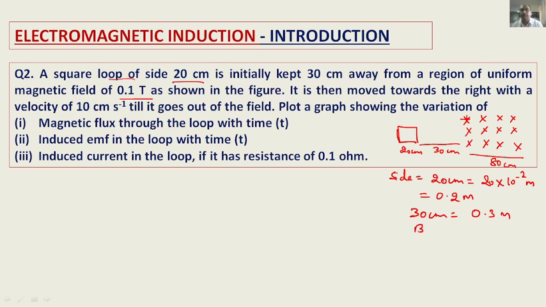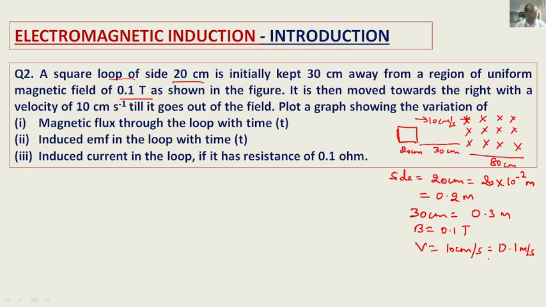Magnetic field is already given to us as 0.1 Tesla. It is then moved towards the right with a velocity of 10 centimeter per second. So velocity is equal to 10 centimeter per second, which can be written as 10 into 10 power of minus 2, so 0.1 meter per second.